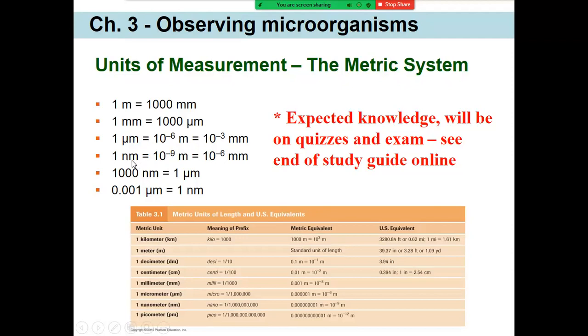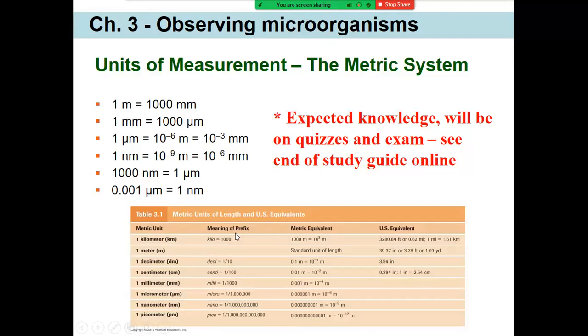You should know a nanometer. Now, a micrometer is the size that we use to measure things under the microscope. And a nanometer is the size of things that we measure under an electron microscope. So you do need to know the nanometer and the micrometer.